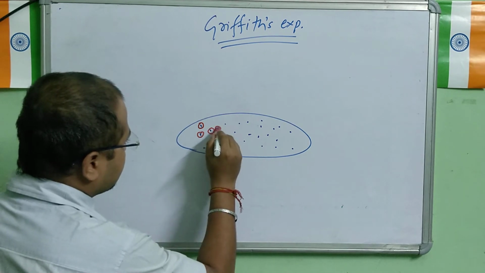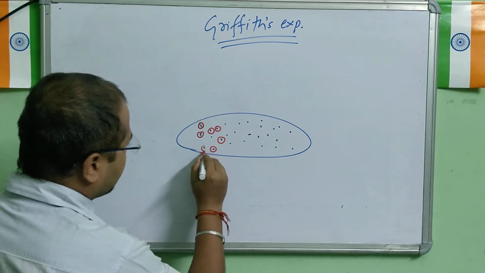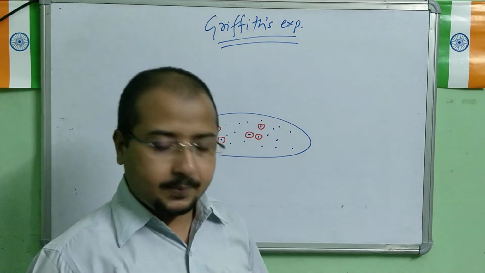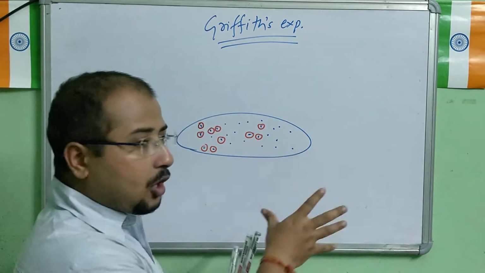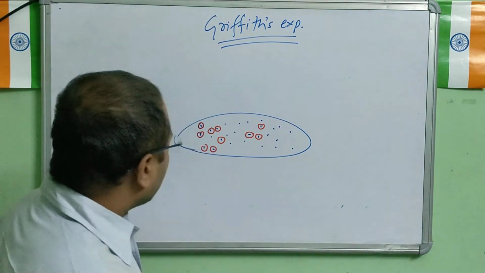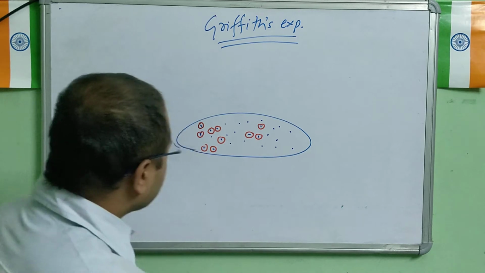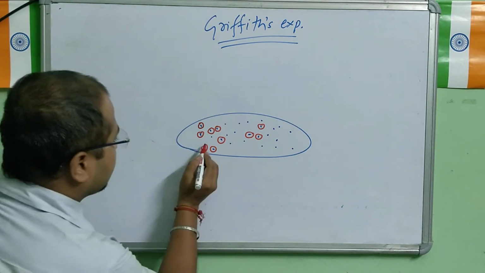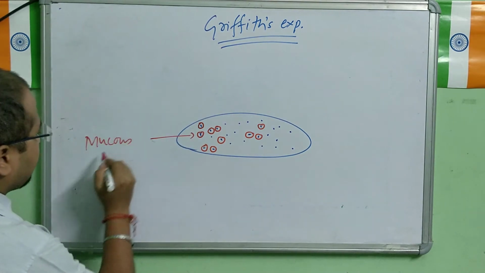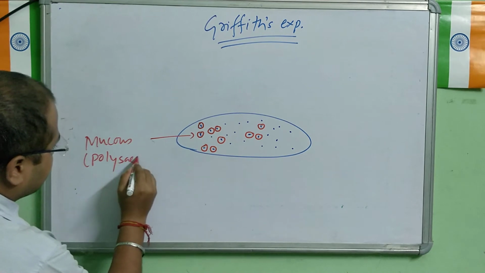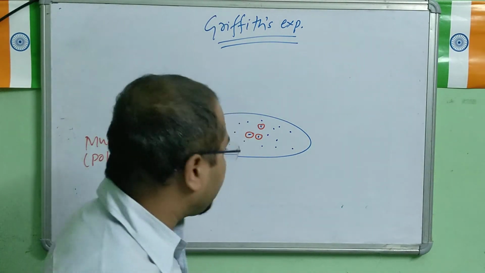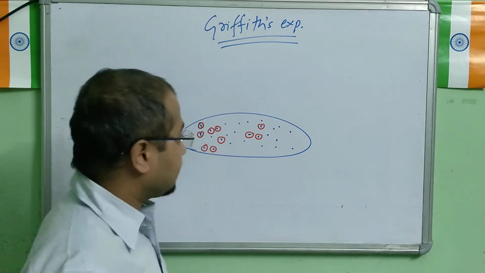Suppose these are some of the bacteria with a smooth shining surface, and some of the bacteria don't have the smooth shining coating. He found that this coating is because of mucus. Mucus is a polysaccharide coating which has developed over some of the bacteria.